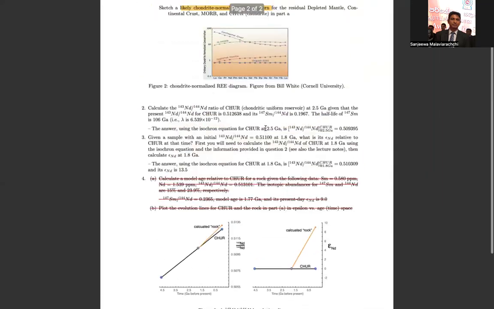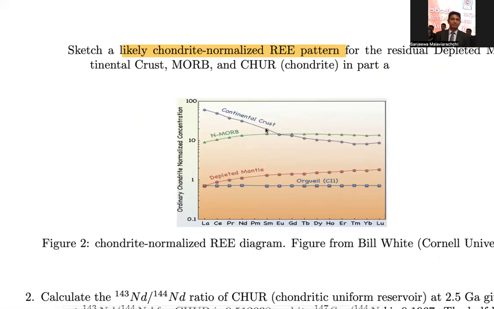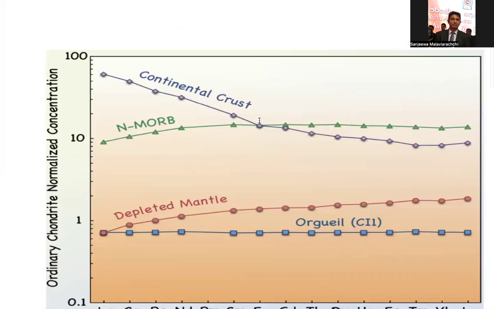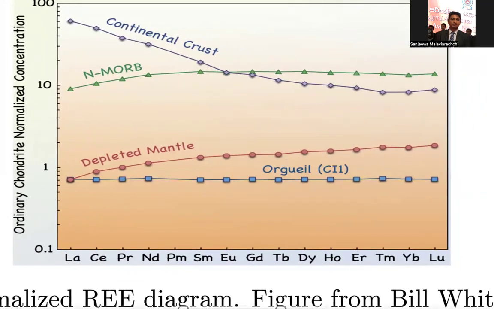Okay, so what is there? So light rare earth elements are depleted in the depleted mantle. So you have to draw like this. So typically, thousands of data have been plotted and found that it's around one.